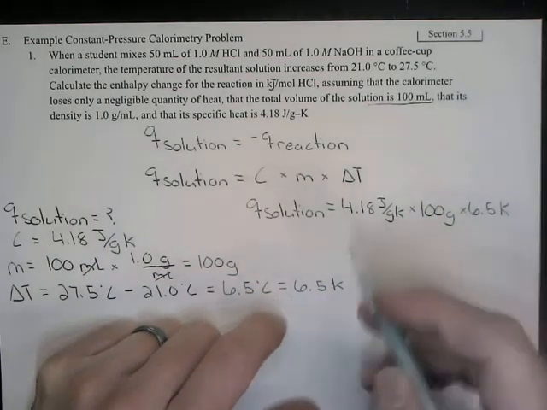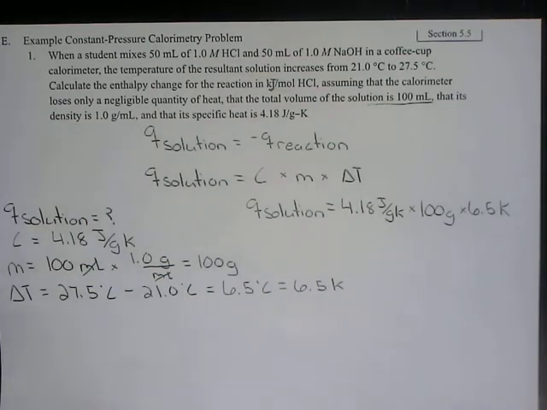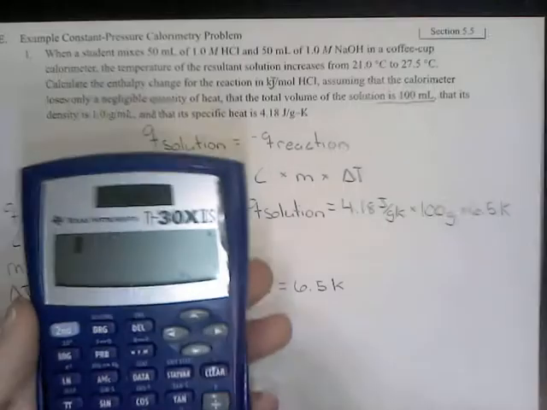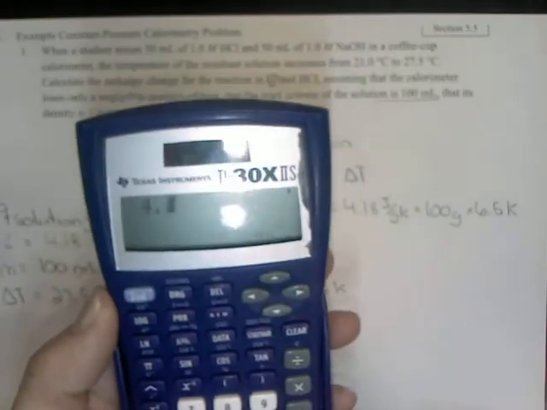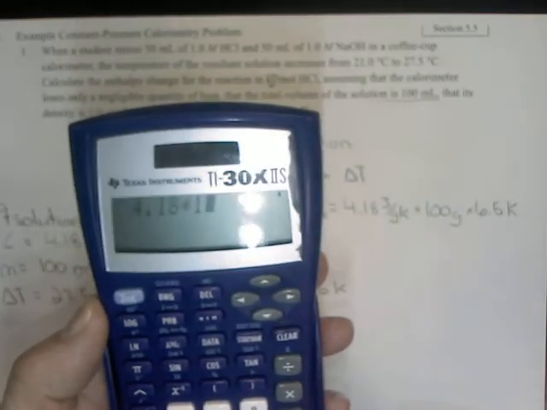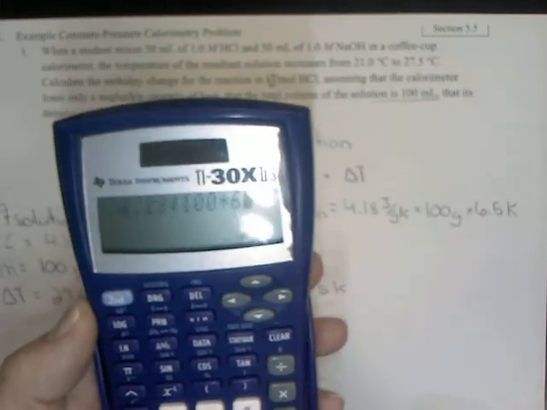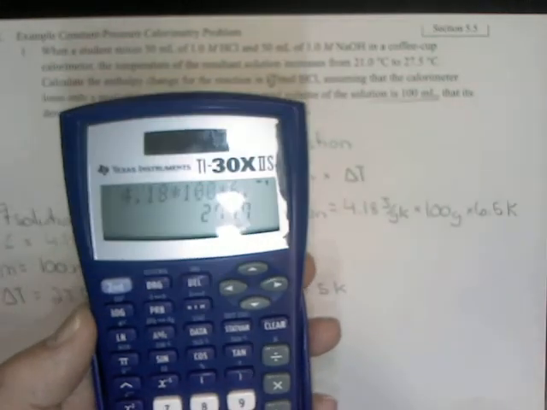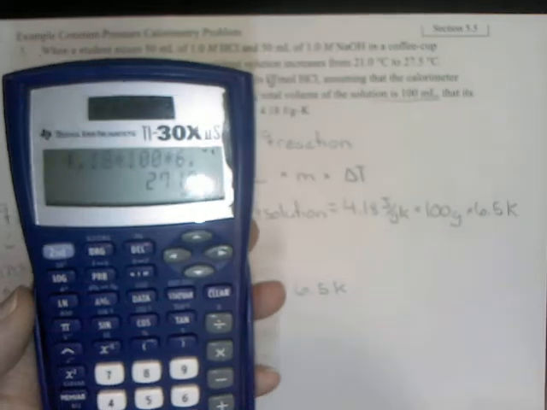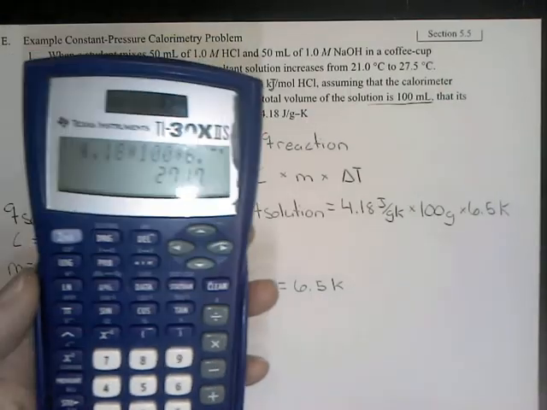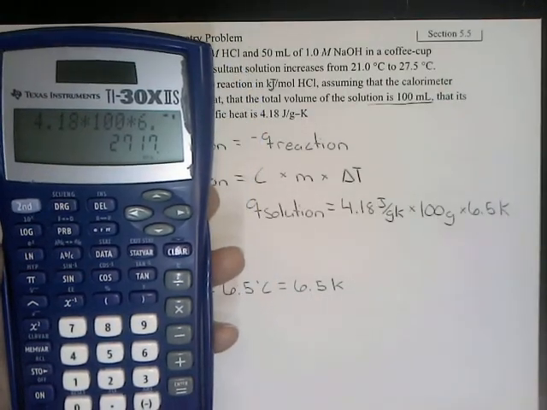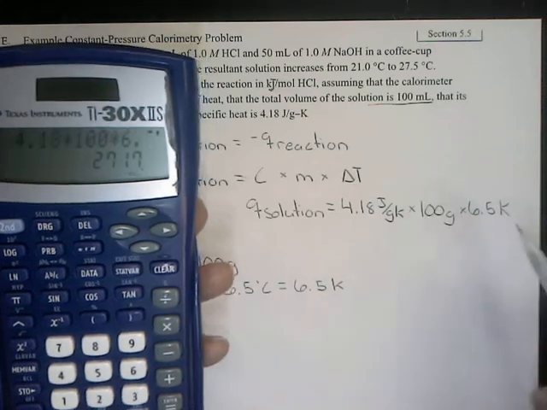And all we need to do is get the product of this. So we take 4.18 times 100 times 6.5, and we get a value of 2,717. And remember, we only had 2 significant digits.